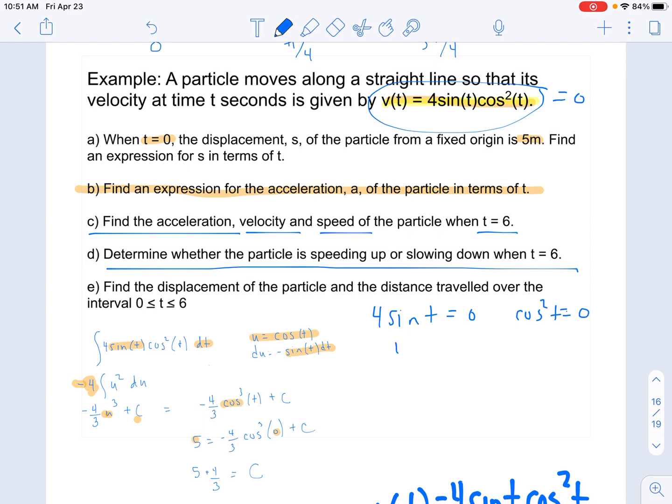Cosine equals 0 at pi over 2, 3 pi over 2. Sorry, sine equals 0 at 0, pi, 2 pi. And 2 pi is actually going to be bigger than 6, so we don't need to worry about that one. But we do need to worry about all 3 of these changing points.